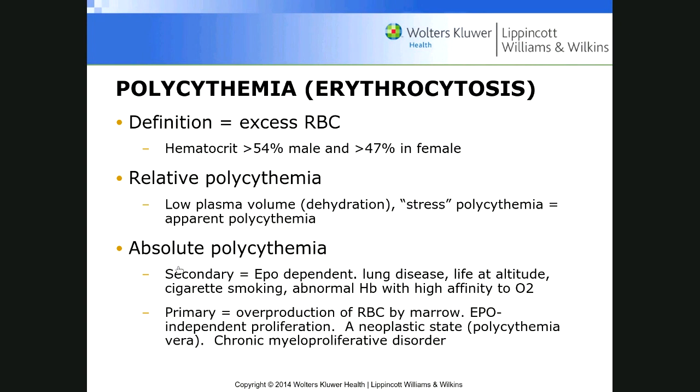Now, absolute polycythemia, primary here: you do see a lot of red blood cells in the bone marrow, but in this case, the primary is EPO independent, right? And this is usually cancer. It doesn't need EPO. Okay? And that's one of the four we consider as chronic myeloproliferative disorder.